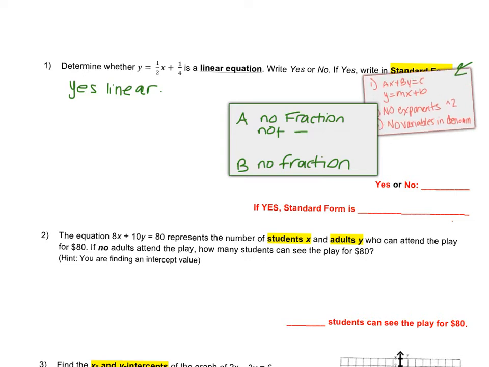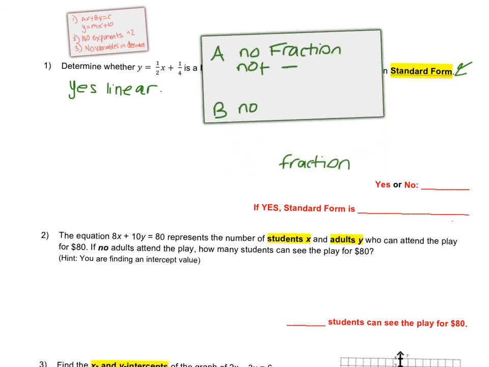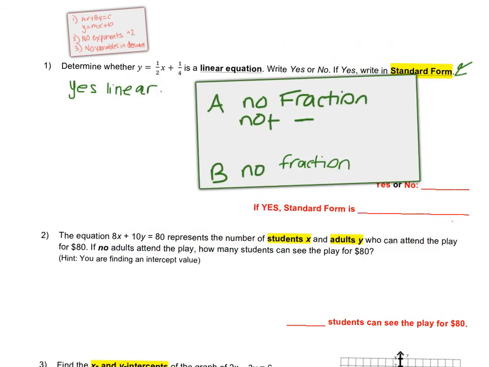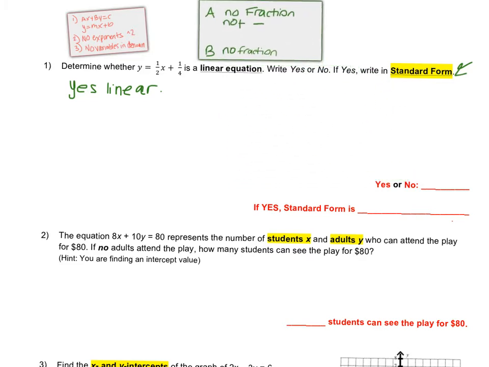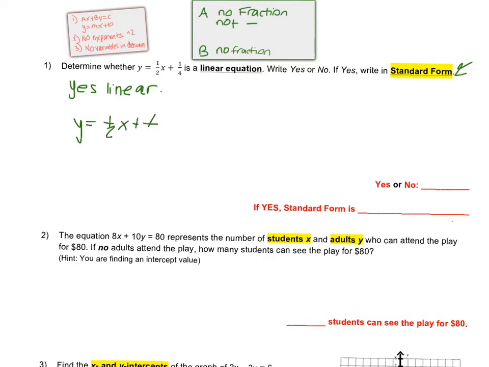So don't forget what I have to do in order to put something in standard form. I notice that the equation y is equal to 1/2 x plus 1/4 is not in standard form.